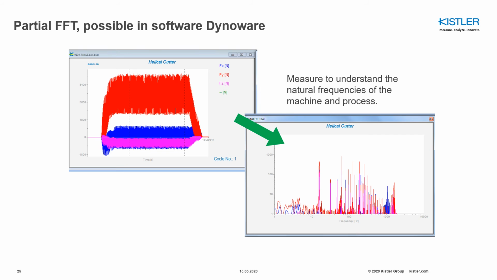And if you have done the investigation of the frequency response function of your machine and setup, then you know exactly what kind of frequencies are coming from the machine electrical system, the machine mechanical system, any possible equipment that can be affecting your measurement, and what kind of frequencies are coming purely from your chip formation.